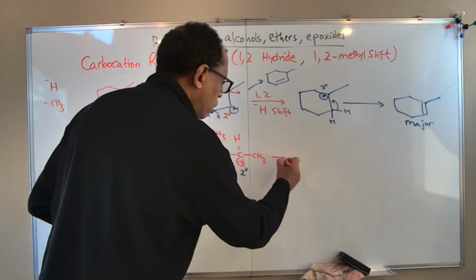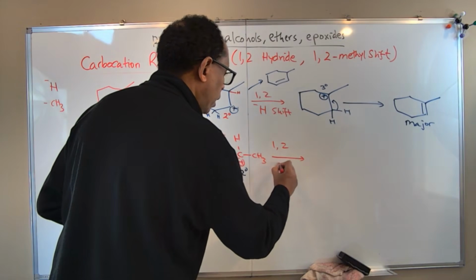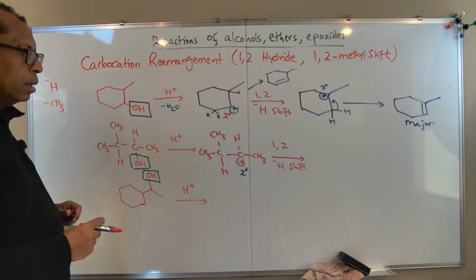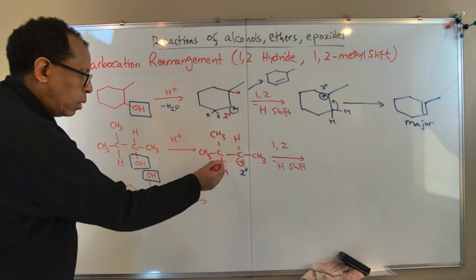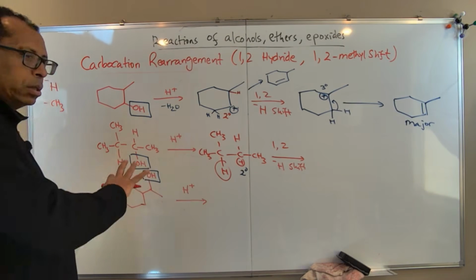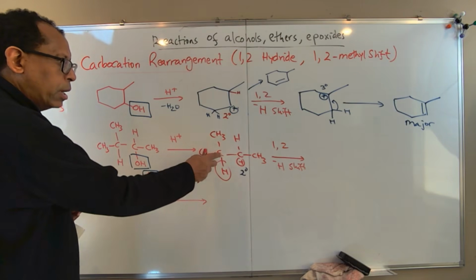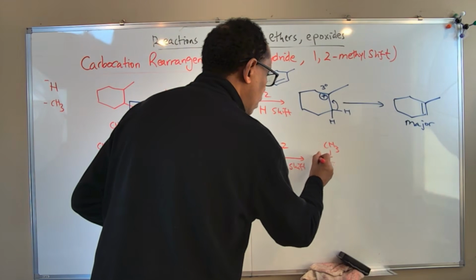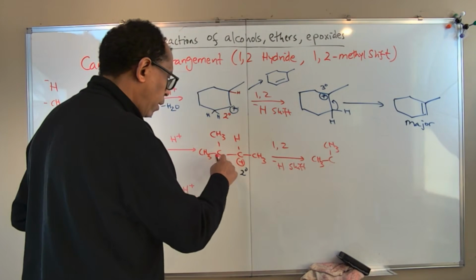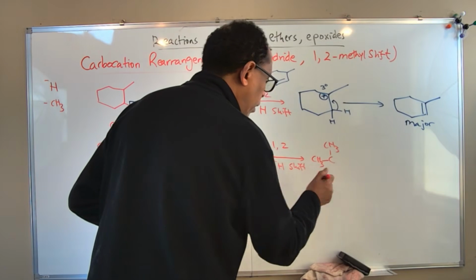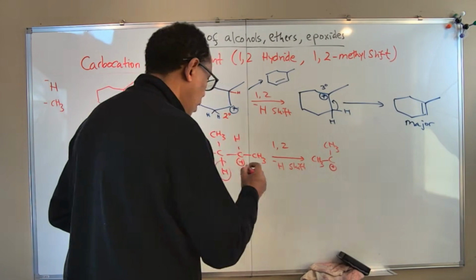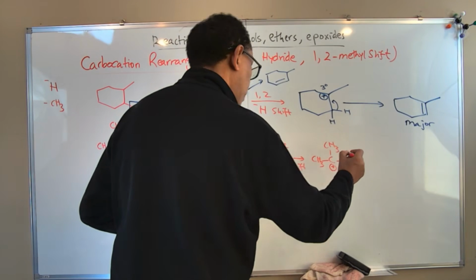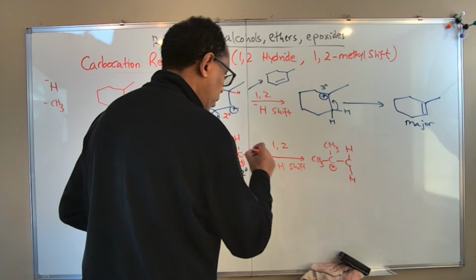So a 1,2 hydride shift again, not a methyl shift in this case. A hydride shift means that this hydride would shift there with its pair of electrons, so it leaves the carbocation on this carbon. CH3. Since both electrons have moved together with the hydride, you have a plus here, and this is satisfied now with hydride, no charge, that's already there, CH3.